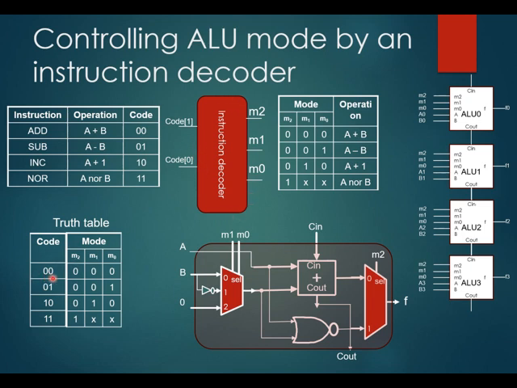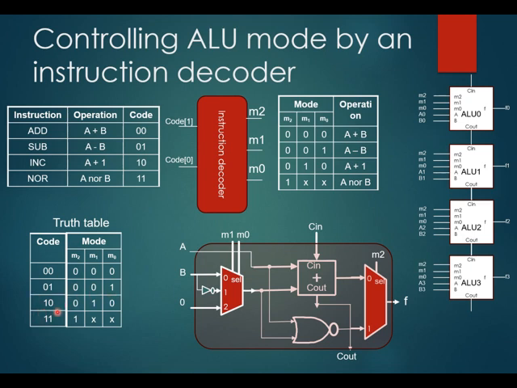So when 00 happens at the instruction code, you want the instruction decoder to produce 000, because 00 corresponds to the instruction add, and you want the ALU to be in the addition mode when instruction add happens. When instruction sub happens, you want the ALU to perform subtraction.